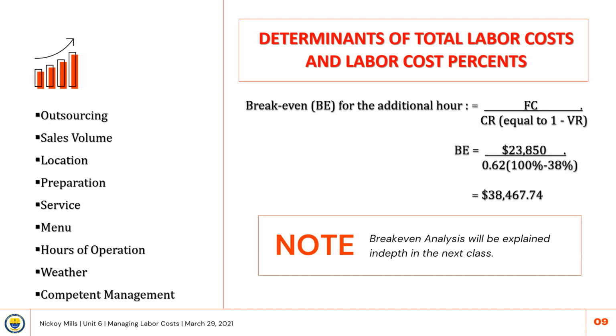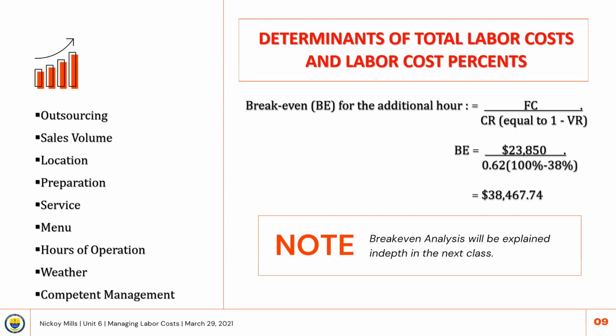So let us assume that they can make $52,500 for the additional hour that they're going to open. The cost for that period would include the $23,850 previously cited, plus 38% of the 52,500, which is 19,950.